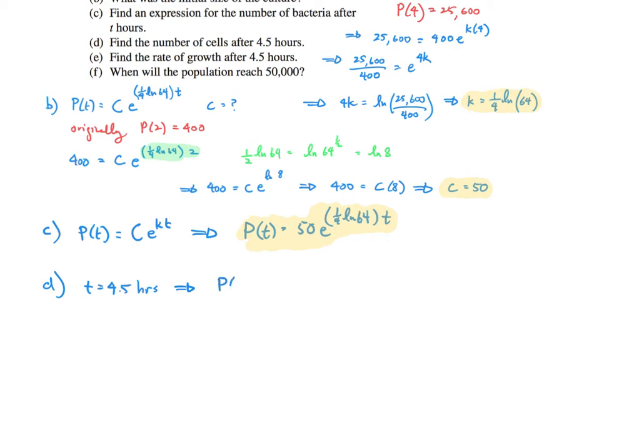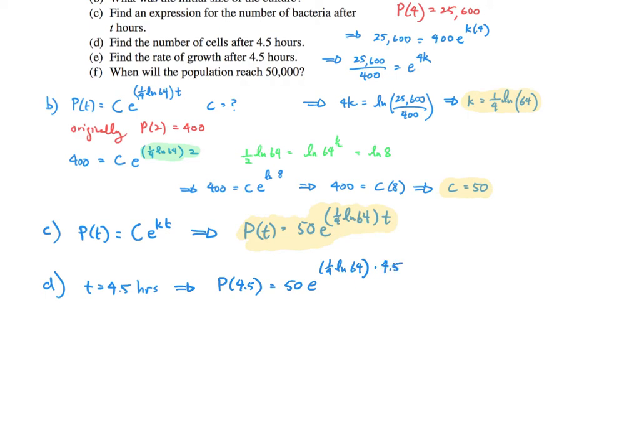So we're going to get P(4.5) equals 50 times e to the 1/4 natural log of 64 times 4.5.